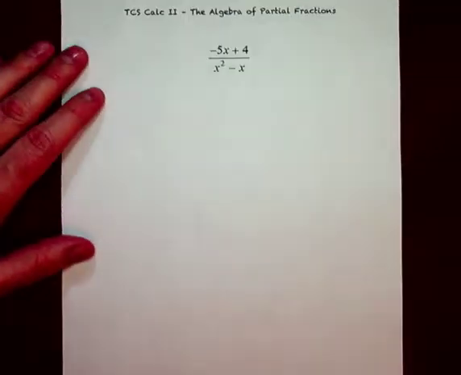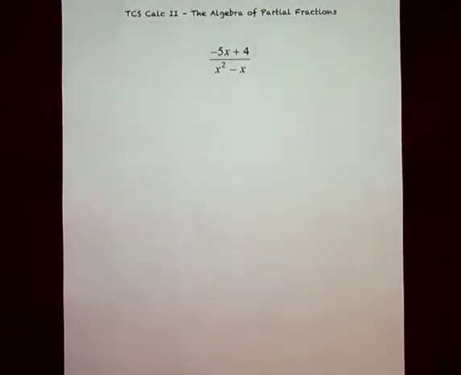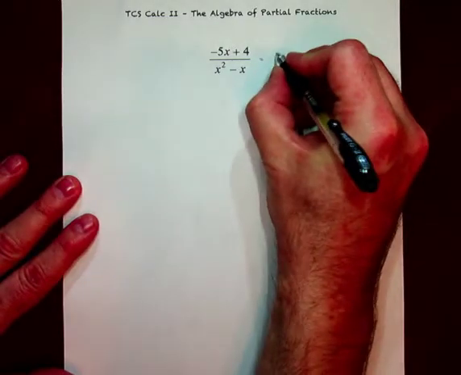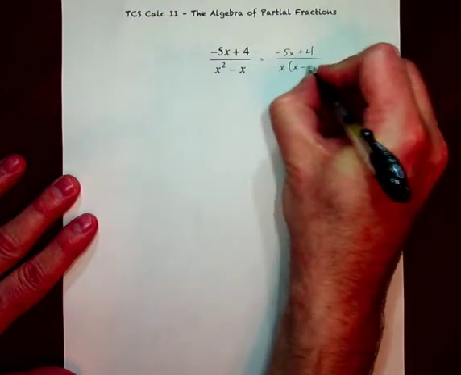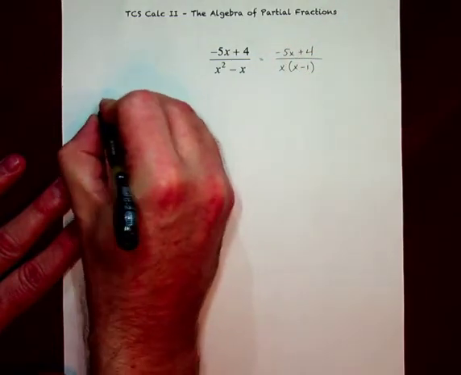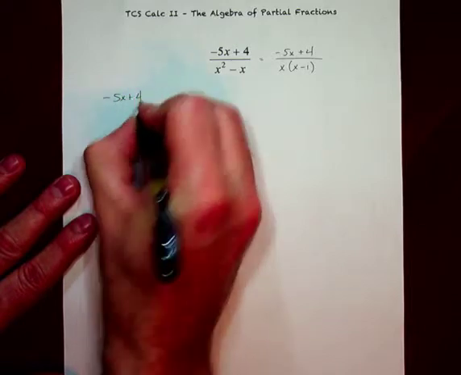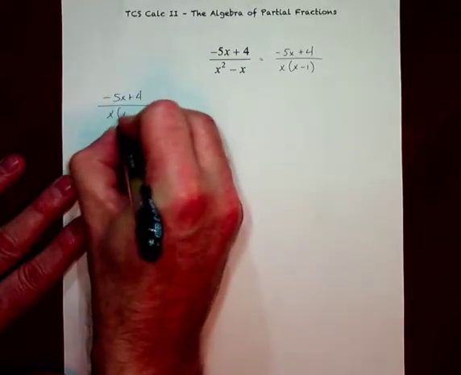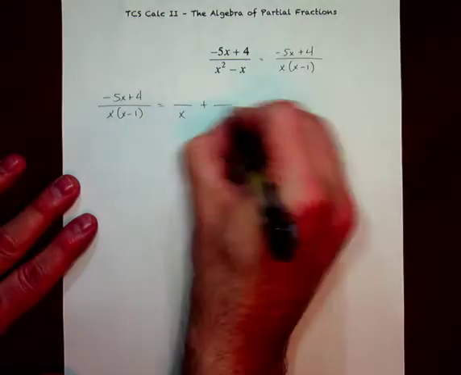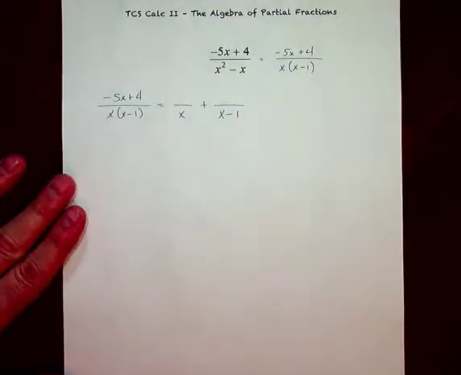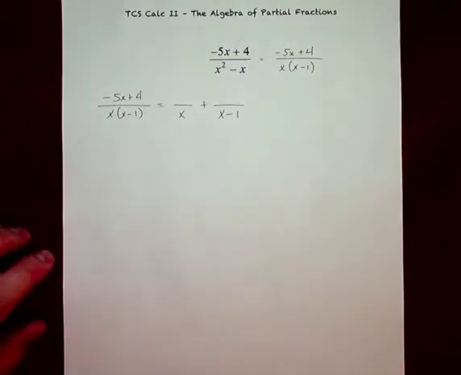Now, this one, we still have linear factors in the denominator. This is going to be pulled apart as x and x minus 1. So what I need to do is set up (5x plus 4) over x(x minus 1), and those factors of the denominator, again, are going to give us the denominators of our partial fractions.